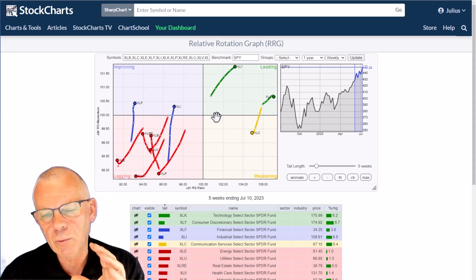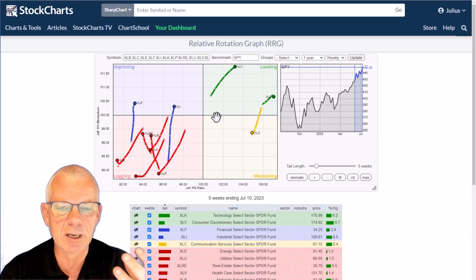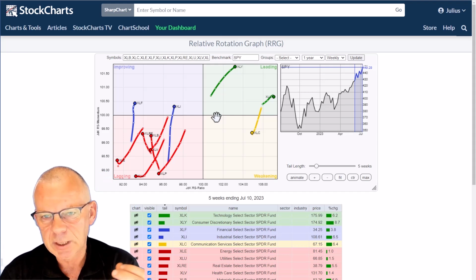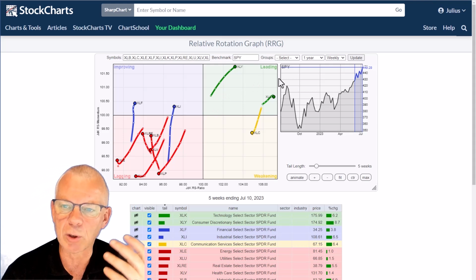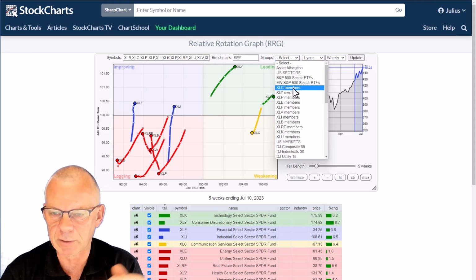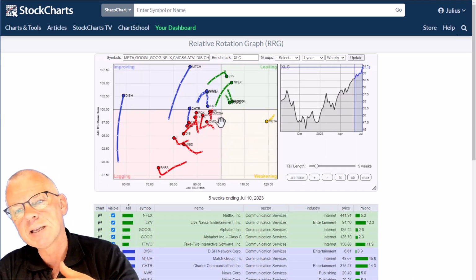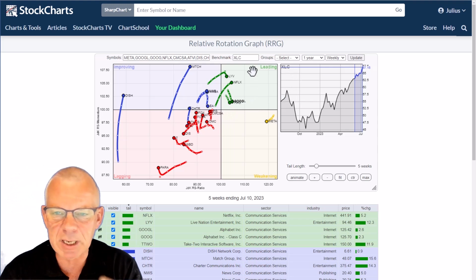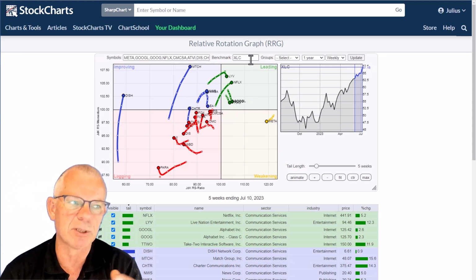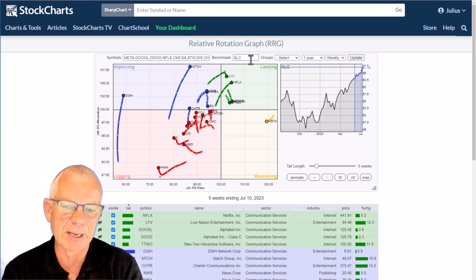Now, when we move to, for example, a sector, then we can load up the members of the communication services sector. Why not? And you see that in the drop down immediately XLC, which is the sector index, has been selected as the benchmark.